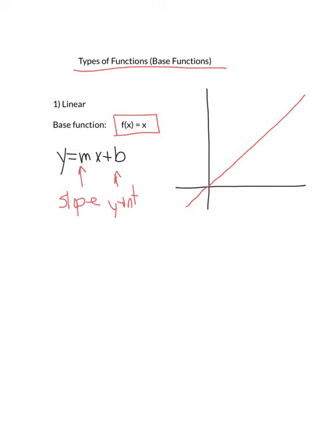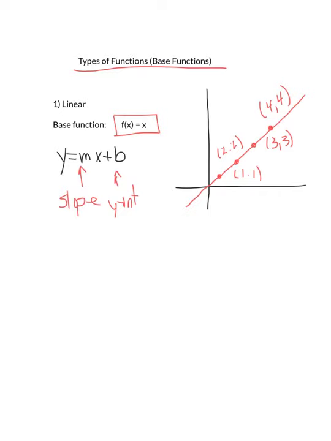Now the key points for this base function, linear, or f of x equals x, are (1, 1), (2, 2), (3, 3), (4, 4), etc. I'm going to suggest that somewhere you keep a copy of this note, or you keep a copy of these base functions handy so that you can refer back to these key points as we move through the lessons in this chapter.